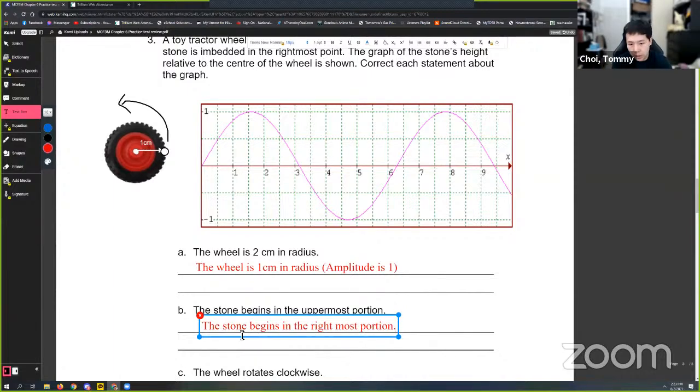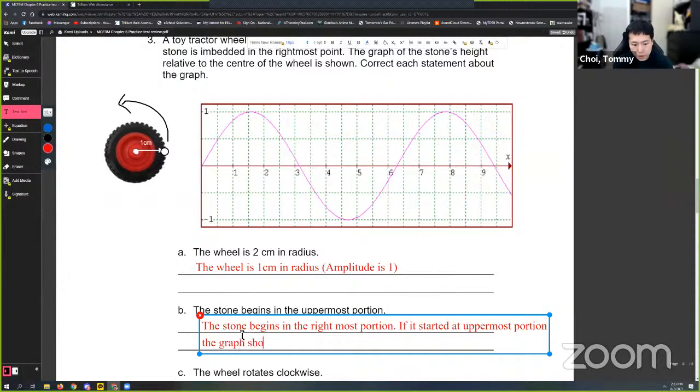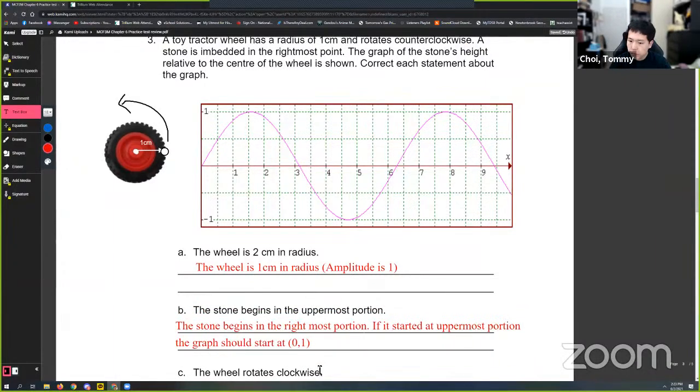The graph should start at 0, 1. So I want to make that clear here. If it was mentioned to be at the uppermost position, that should be the highest point. It starts at 1. But since we said it started at the rightmost position, it starts at 0, 0. So little identifications of where we're starting.